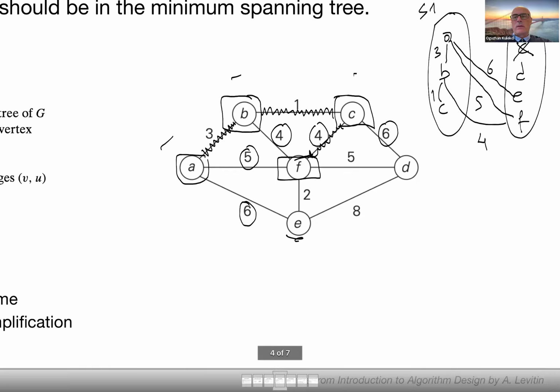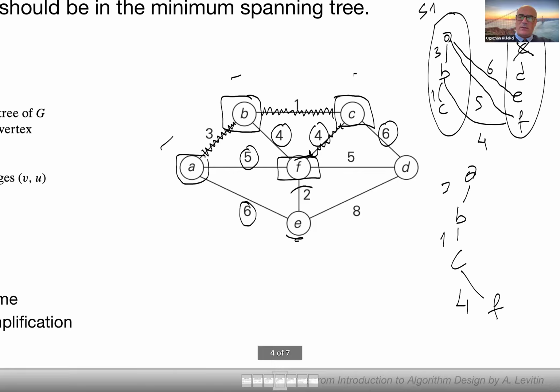Let me draw my spanning tree. A, B, C. From A to B, I have 3, from B to C, I have 1, right? From C to F, now I have 4. So F is in my set 1, and in set 2, I have only E and D. And now, what are the new bridging edges?